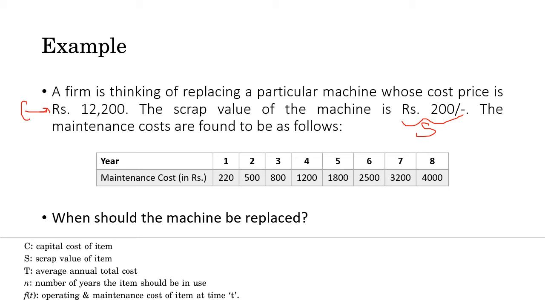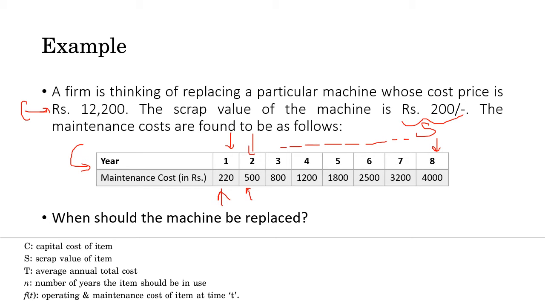The maintenance cost for this machine is given here in the table for every year. So during first year, the machine requires a maintenance that costs up to rupees 220. Then in the second year, the machine requires a maintenance which costs around rupees 500, and so on up to the 8th year.